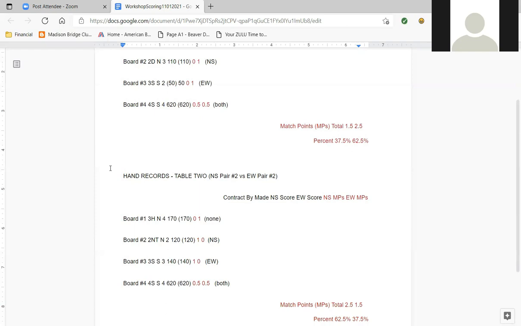So again, north-south beat east-west at both tables. But in duplicate bridge scoring, the north-south at table 1 gets no master points because north-south at table 2 did better, right? North-south at table 2 gets 1 master point.